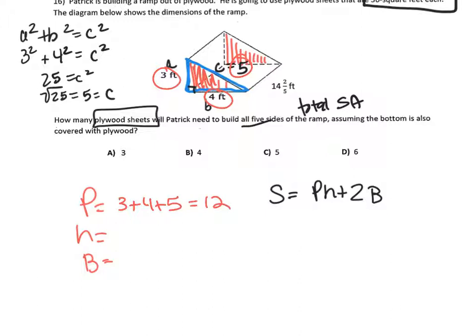The height, remember, is the distance, the length between the two bases. Okay, so in this case, 14 and 2/5. If you want to turn 2/5 into a decimal, that might be nice. 2 divided by 5 is 0.4. So it's really 14.4. Okay, so the height is 14.4.